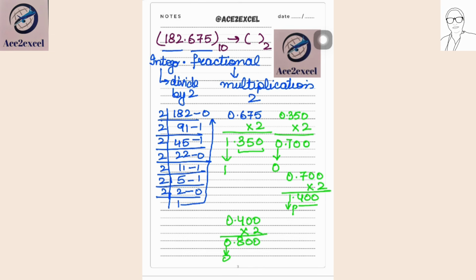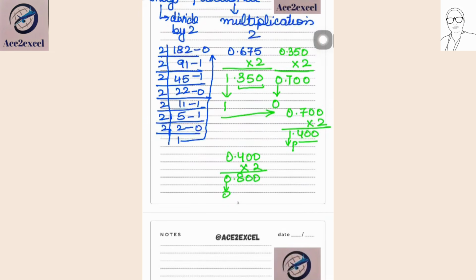And then you will take the numbers from this side. So if I need to write the number, it will be dot 1010.